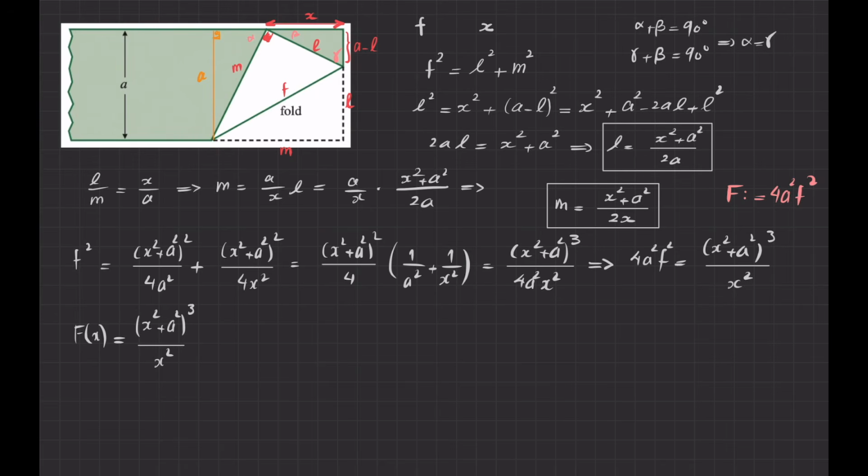And I want to find the absolute minimum value for the function. But of course, you know that we have limitations for the value of x. Okay, so the value of x is greater than 0, and it is at most equal to a. It cannot be larger than a.